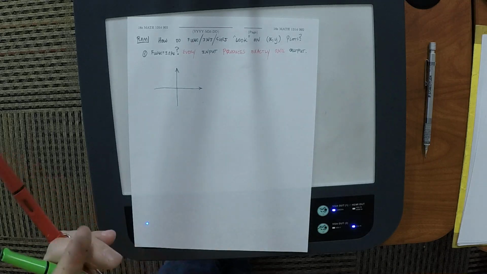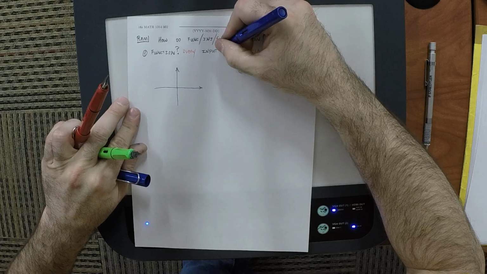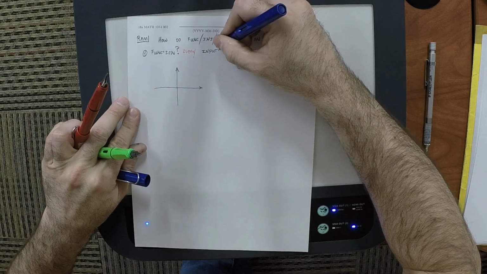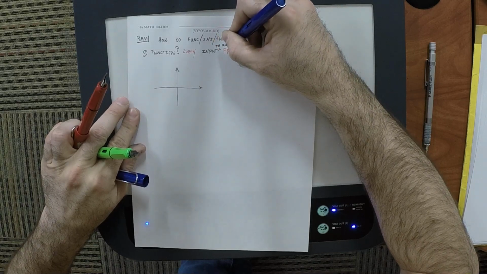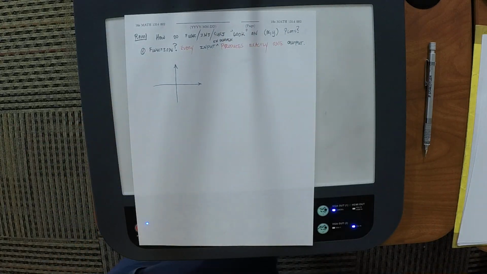There's a slight ambiguity here, and that is every input, and I'll say in the domain. I have to say that because in principle there could be a vending machine over there, the side of the class, and I could say, hey, could you do me a favor and go tell me what happens if you press button number 8? And one of the things that could happen is you could come back and say, well, I looked at the machine and in fact there wasn't a button 8. So I can't press it. Okay.